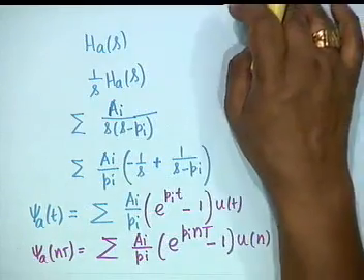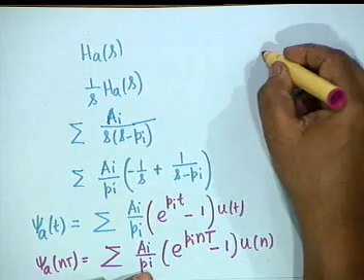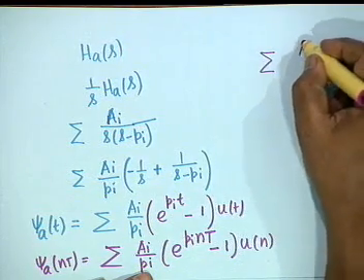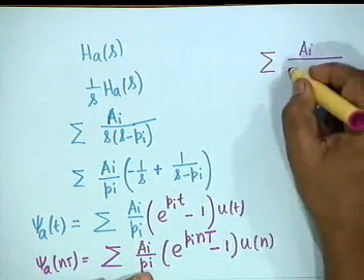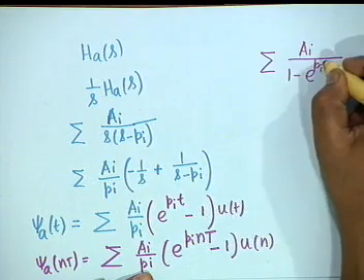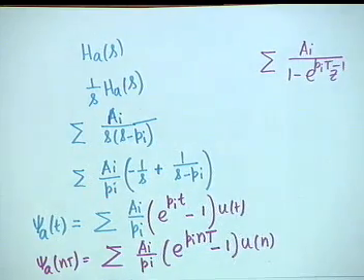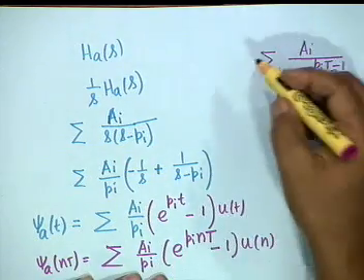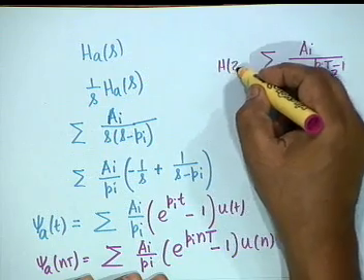From impulse invariance, what was our digital filter? Our digital filter was the summation of A_i divided by 1 minus e^(p_i T) z^(-1), agreed? This was our digital filter, H(z).